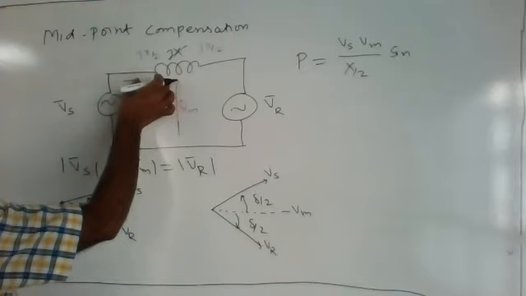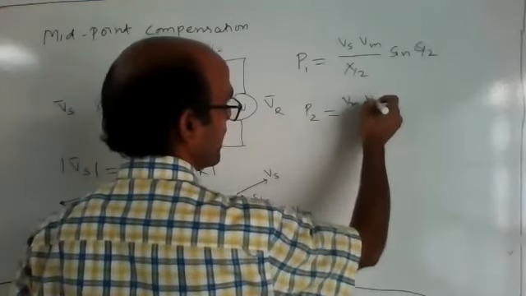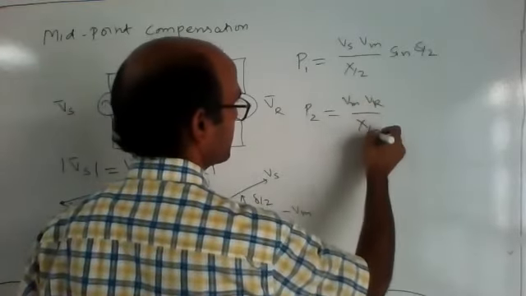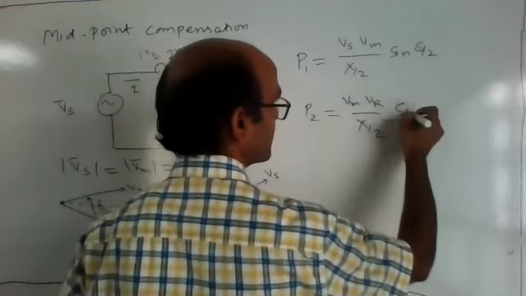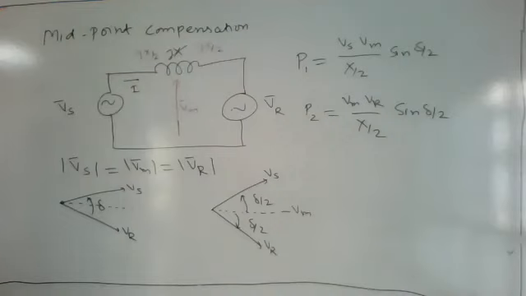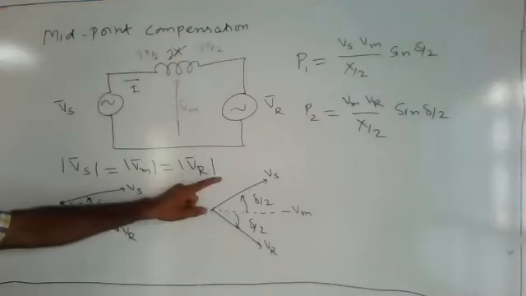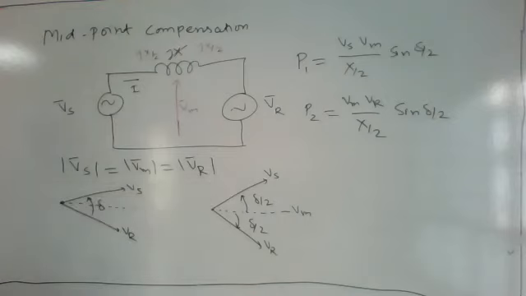Now similarly for this part, what is the power in the second part? E2 Bm into Br divided by X by 2 into sine delta by 2. Since this is just opposite, the angle is negative, so I will place one negative sign.